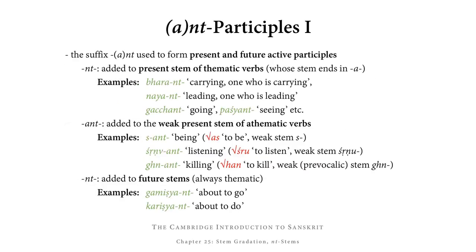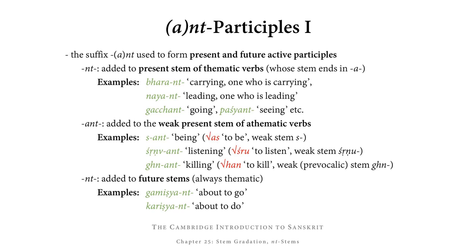Now on to another kind of nt stem, and that is participles formed by adding either nt or ant. Now the suffix nt or ant is used to form the present and future active participles of thematic and athematic verbs. Nt is added to the present stem of thematic verbs.